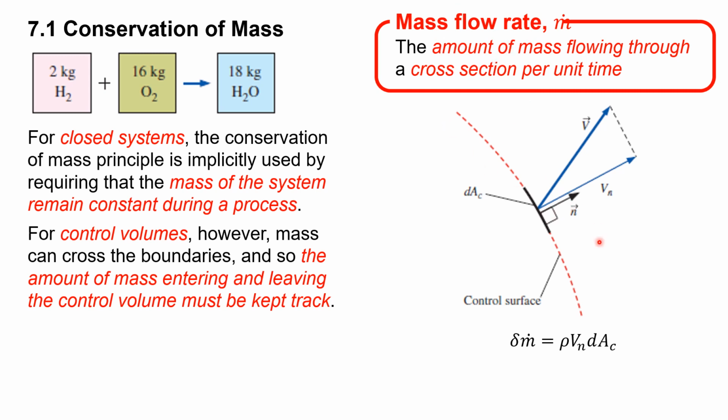So let's say this is your control surface, or the boundary, and this is the cross section area that you want to investigate. How much mass is going out of this area? That is what we want to calculate.